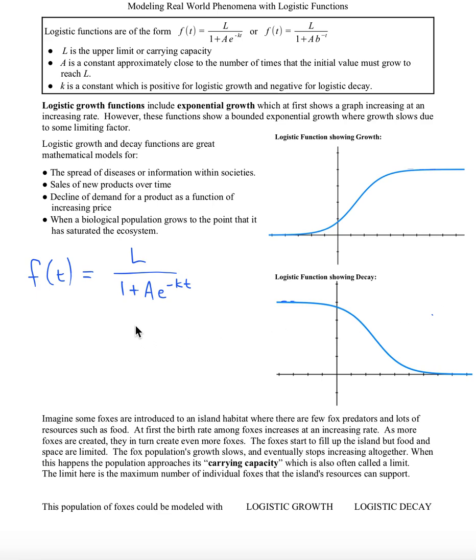A is a constant approximately equal to the number of times that the initial value grows to reach the limit L. K is another constant, which is positive for logistic growth and negative for logistic decay.